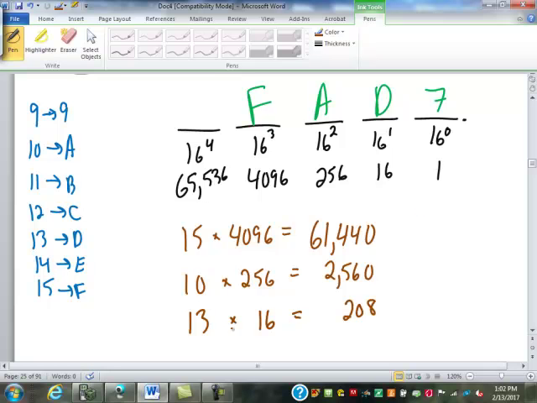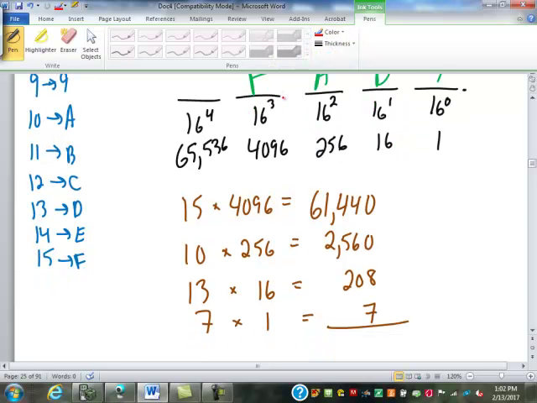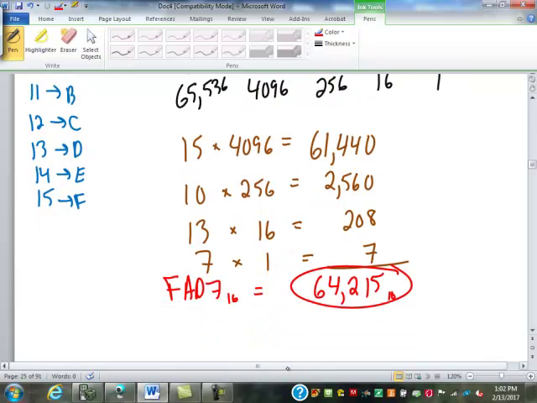And then 7 times 1 is 7. So that adds up to give us 64,215 in base 10. So FAD7 in base 16 equals 64,215 in base 10.